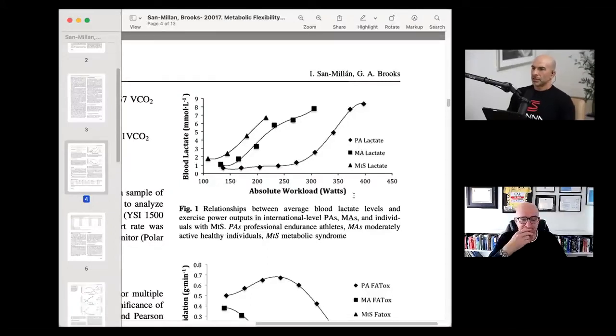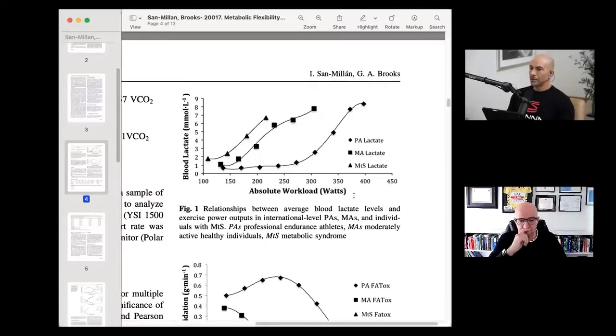So one of the metrics that we've discussed at length, and we'll revisit, of course, is using this lactate level of about 2 millimole as being that threshold. Once lactate exceeds 2 millimole, the individual is now escaping out of zone 2 and is actually in zone 3. When you look at these data, you can see that the individual with metabolic syndrome is basically tapping out zone 2 initially.